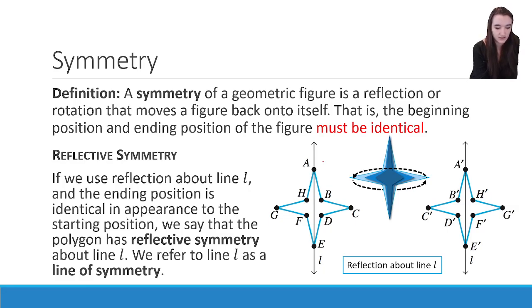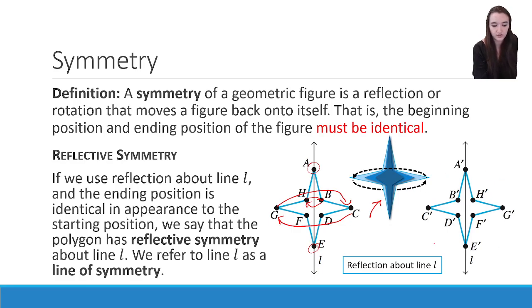If we have this star, there are multiple different reflection lines that we can use, but I've noted one possible one where G reflects over to C, and C in turn goes to G. We're flipping the whole thing around. H becomes B, but B becomes H. A stays on itself, and E stays on itself.